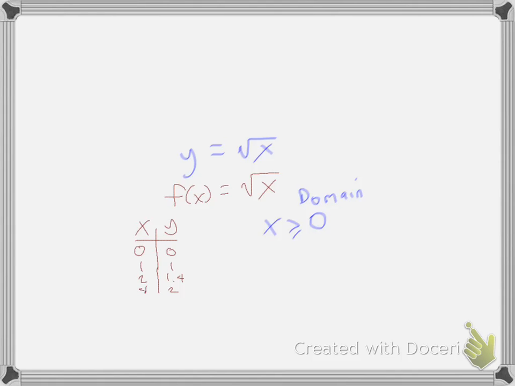So our domain is that, and in interval notation, let's use the bracket. 0 included can be in there, all the way up to whenever, as far as you want to go, which is infinity. So that is the domain.